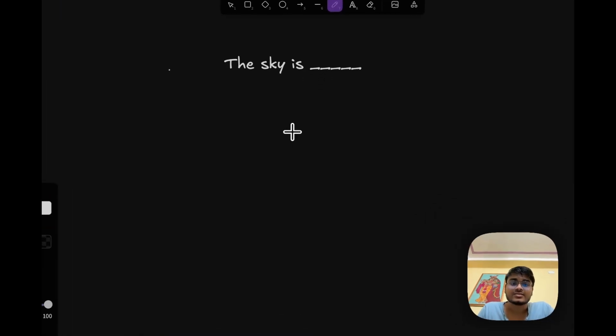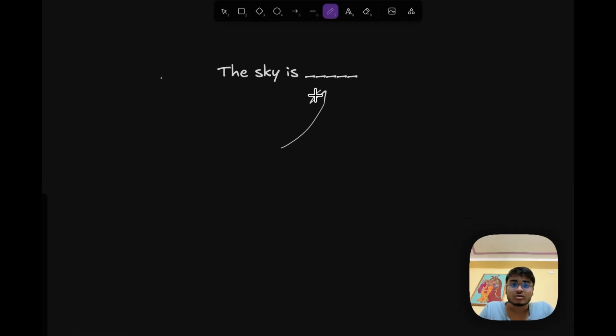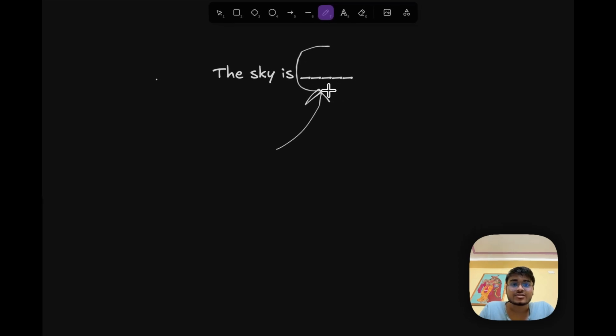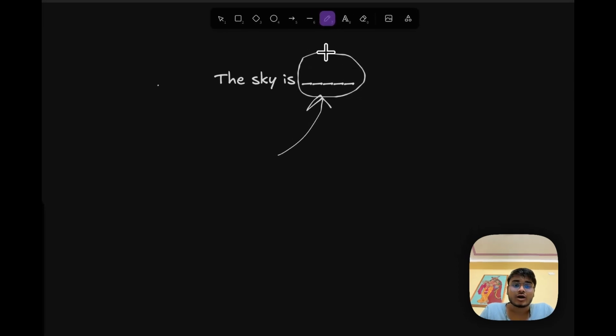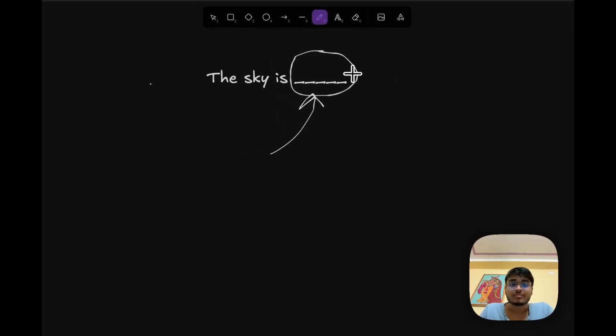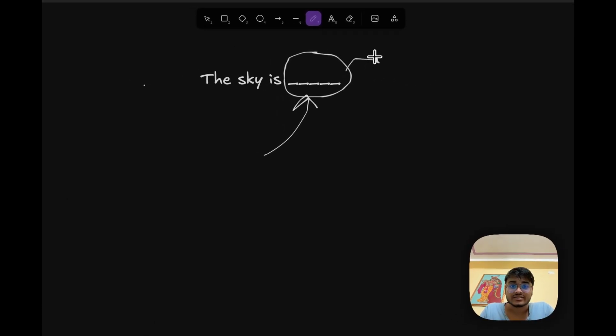Language modeling basically means finding or generating the word that will come here based on probability. Our idea is to find how likely a certain word is to fit into this place.